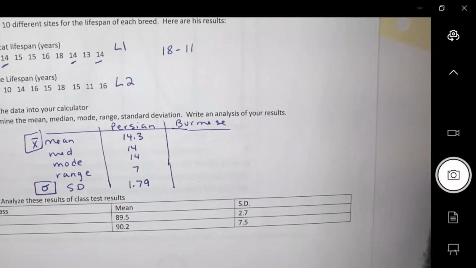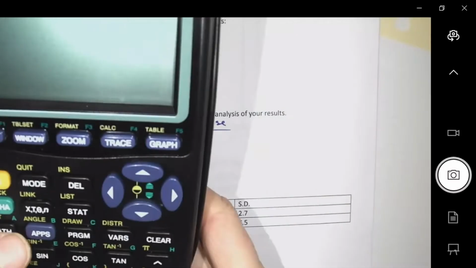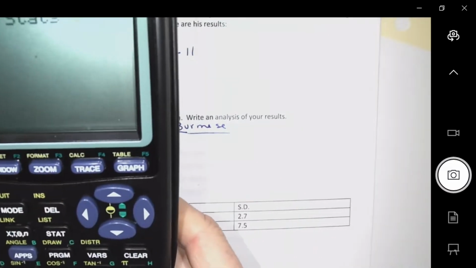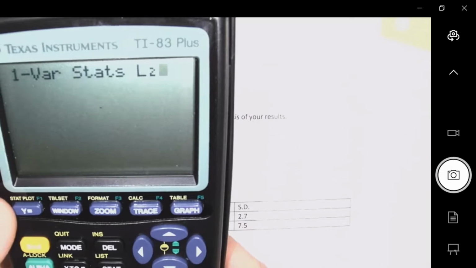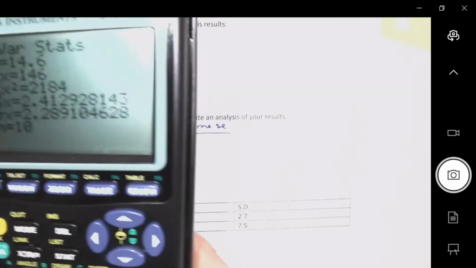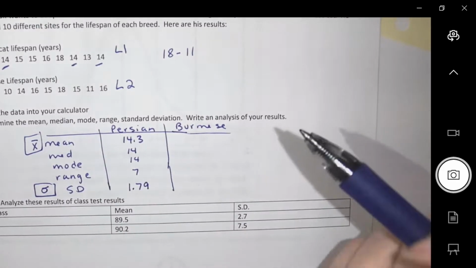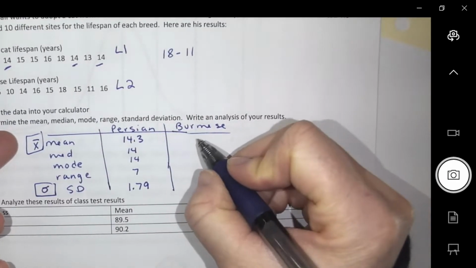Okay, can you repeat this, except when you do stat calculate one variable, you're going to be doing L2, right? Because that's where you put your data in. So stat, calc, one variable statistics for L2.